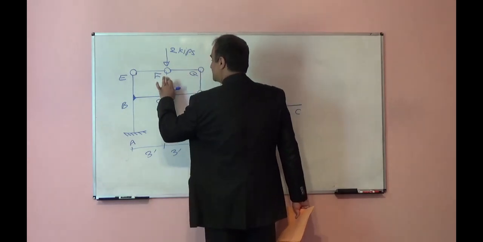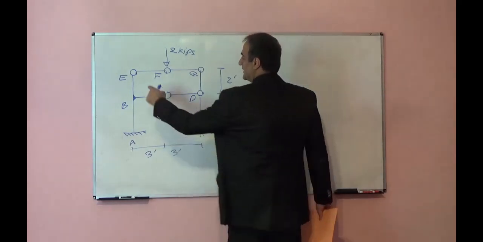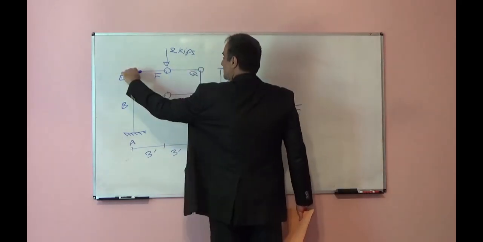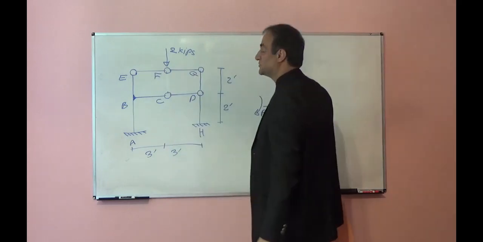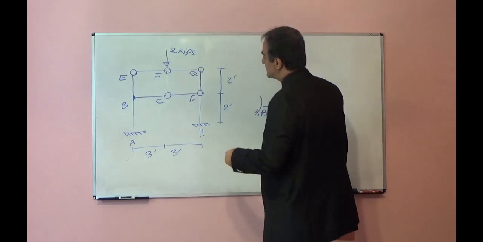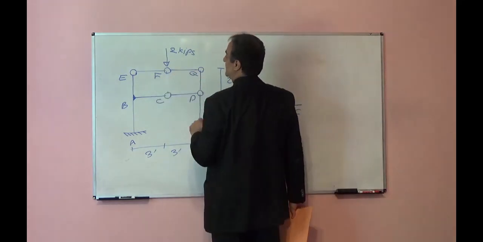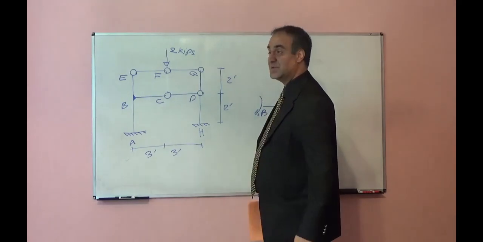If we don't have this member, what will happen? We have 3 hinges at the same level, 3 hinges in one direction. So this is an unstable system. There is no stiffness for this system, EFG.